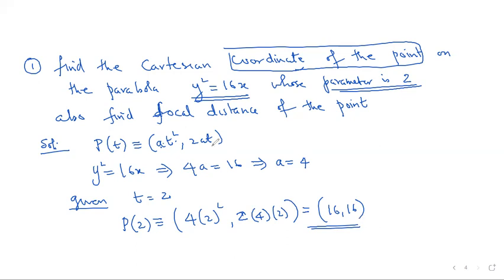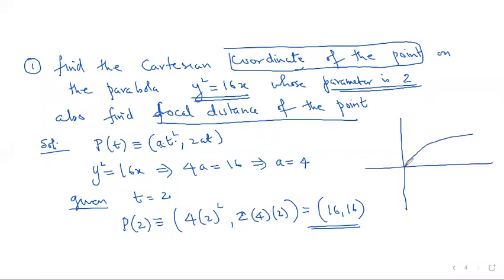Okay, my next point. I have to find the focal distance of the point. What do you mean by focal distance? Tell me the meaning. Distance from the focus. We know the point is 16 comma 16. One method is to calculate the focus and find its distance. But I don't like that method because it requires the distance formula.